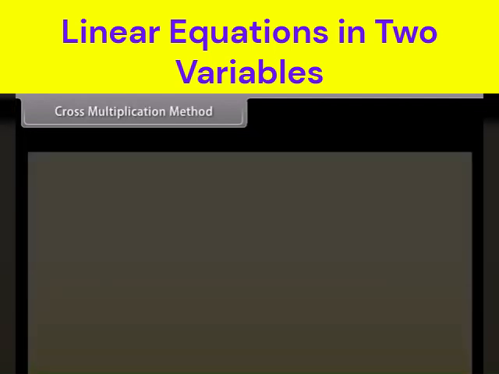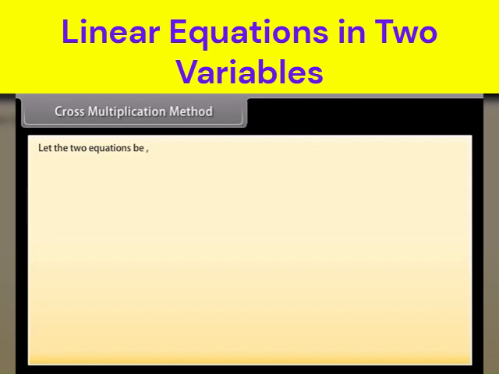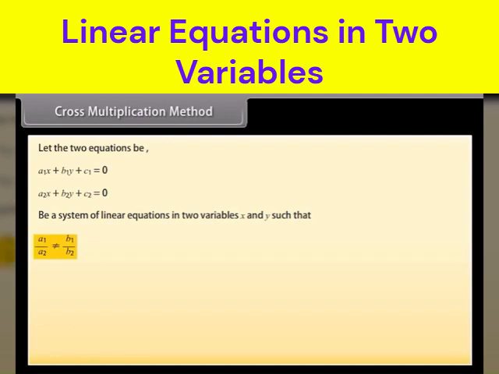Cross multiplication method. Let the two equations a1x plus b1y plus c1 is equal to 0 and a2x plus b2y plus c2 is equal to 0 be a system of linear equations in two variables x and y such that a1 upon a2 is not equal to b1 upon b2.